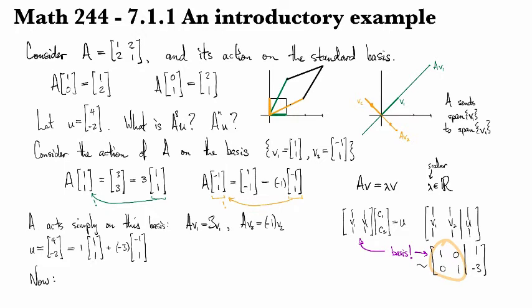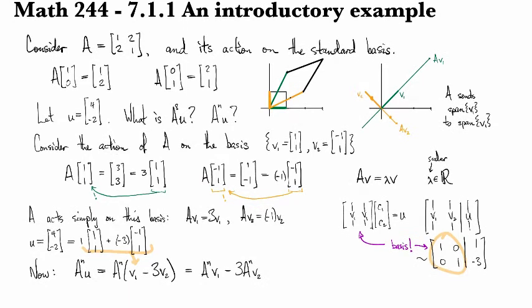Now we can take a look at the action of A when we multiply it against u. We can even do it n times right off the bat, because this is going to be A^n times 1 copy of V1 minus 3 copies of V2, like we just found on the previous step. I can distribute the A's across, so I have A^n V1 minus 3 A^n V2, where I pulled the 3 out in front.